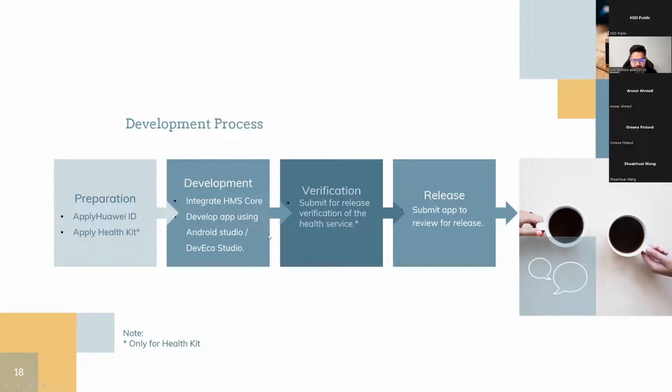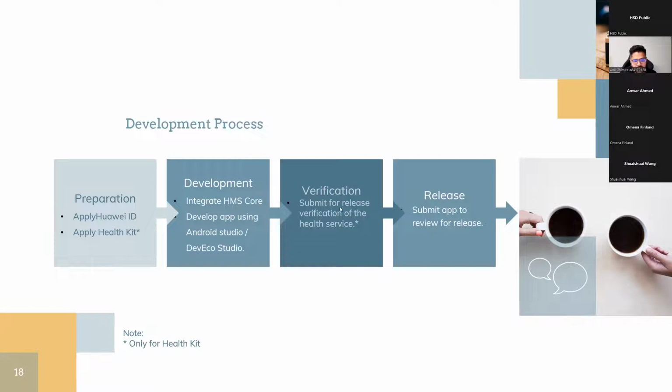After you have developed the application, you have to again apply for the health kit services you want to use. And this time you have to provide all the information on how you are using different health data.